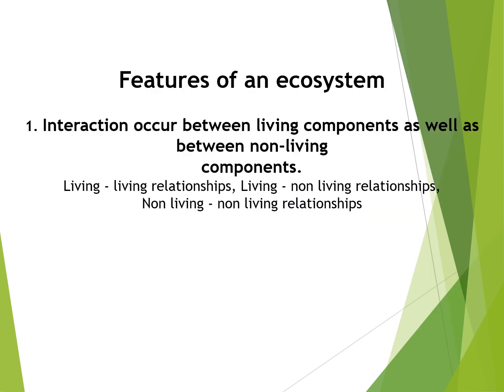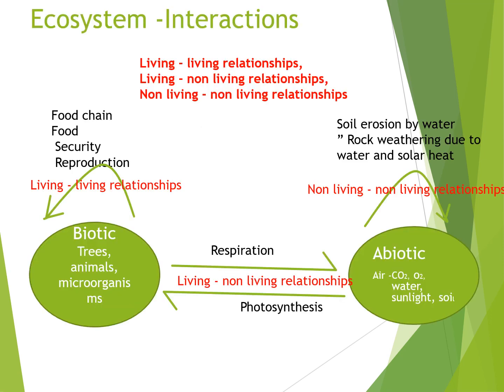Features of an ecosystem. First one is that interaction occurs between living components as well as between non-living components. Living relationships, living and non-living relationships, and non-living relationships are there in an ecosystem.